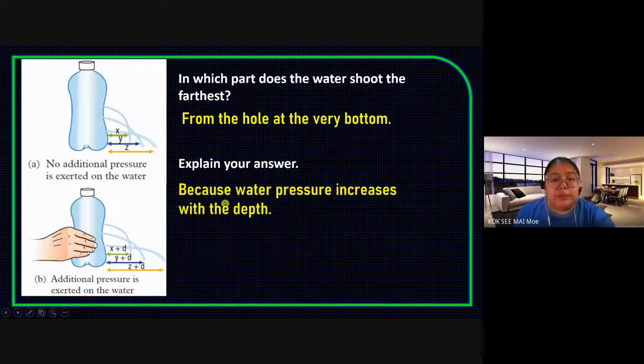The reason is because the water pressure increases with the depth. Remember, when you go deep into the sea, the pressure acting on your ears is very high, so your ears are very painful, because the pressure is increasing. So this is related to the pressure and also the depth.